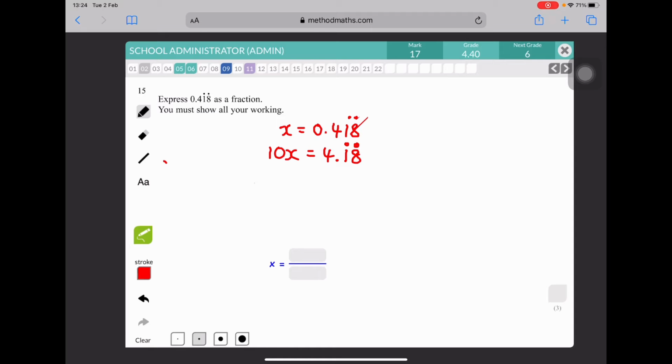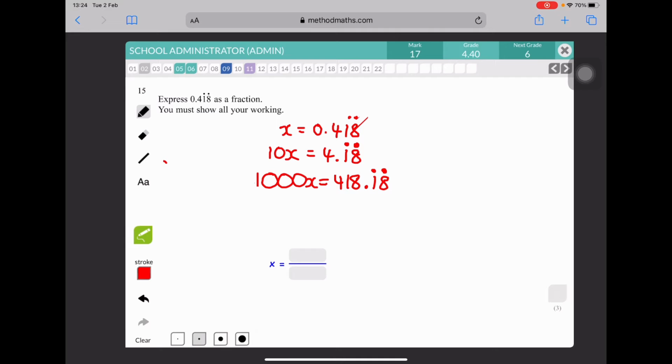Just keep that on top. And 100, actually let's do 1,000. 1000x is 418.18 recurring.